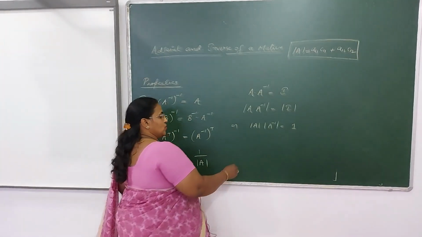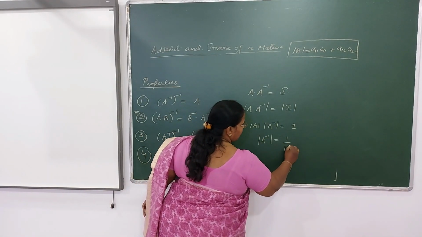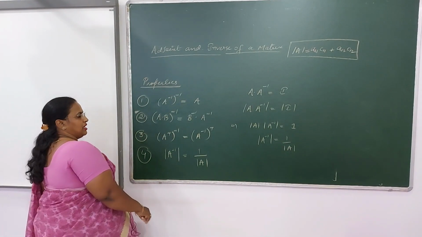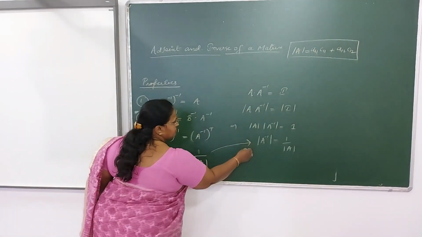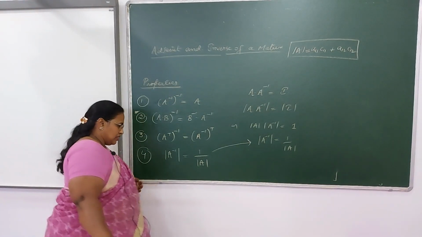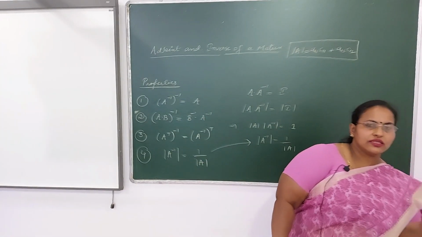Now you can draw the conclusion: determinant of A inverse is equal to 1 upon determinant of A. So the last property comes from this. These are all the 4 important properties based on inverse of a matrix.